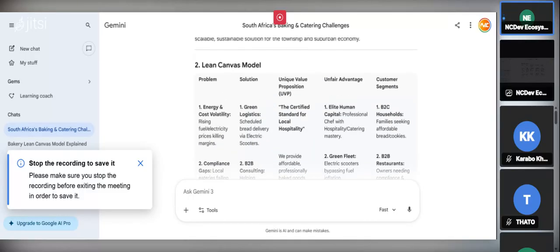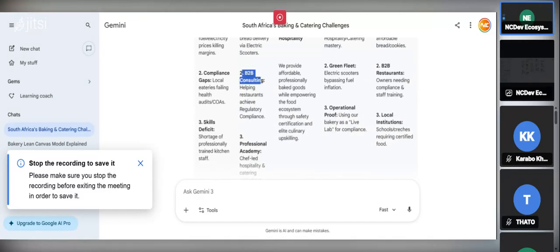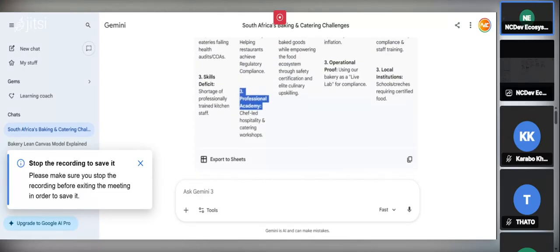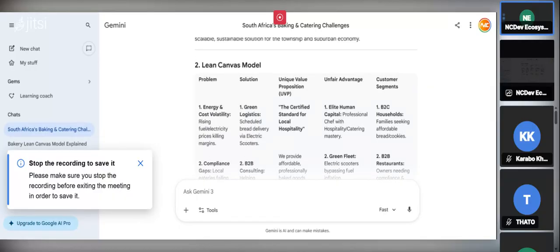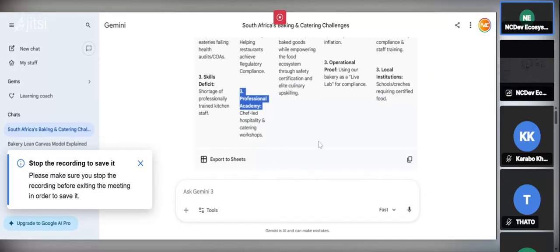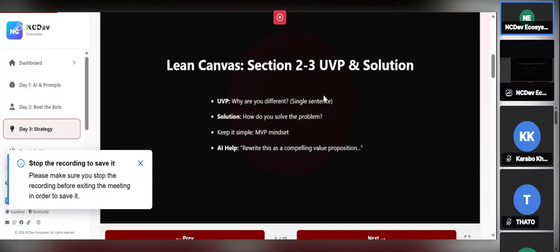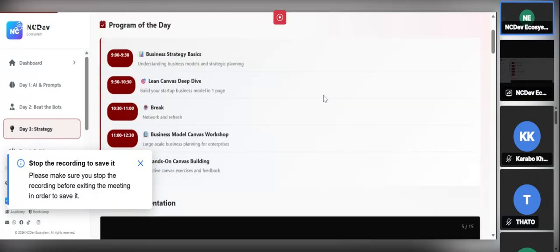So those are the three solutions we are bringing to solve this problem, right?